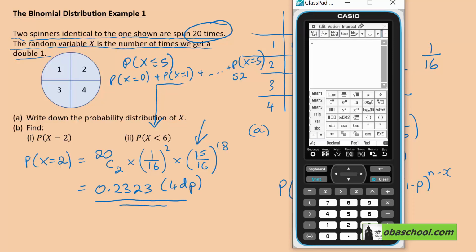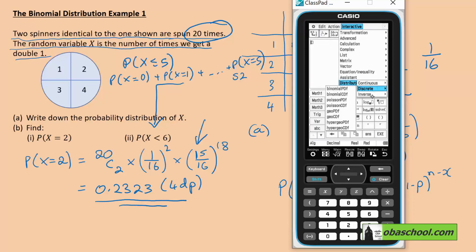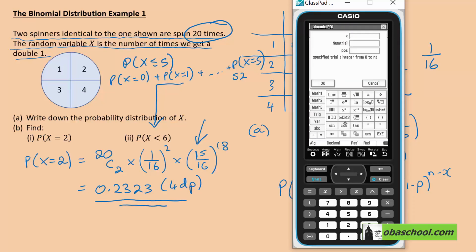So first of all, let's go and do the x equals 2 situation here. So I have a binomial PDF in that case, and I was after 2 successes from 20 trials with a probability of success of 1/16.